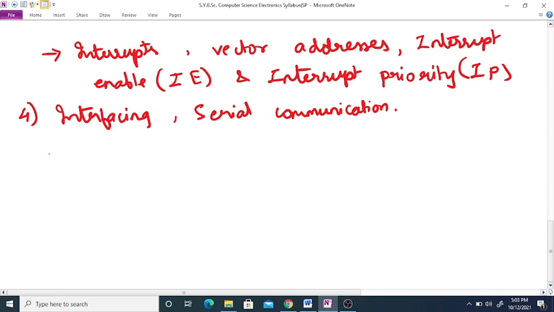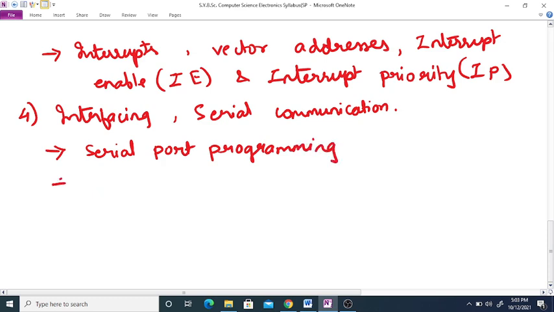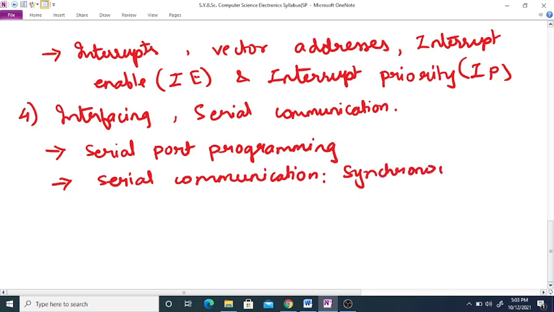The subtopics in this unit are serial port programming, different types of serial communication, that is synchronous and asynchronous.